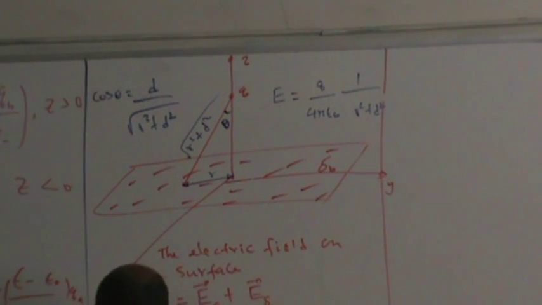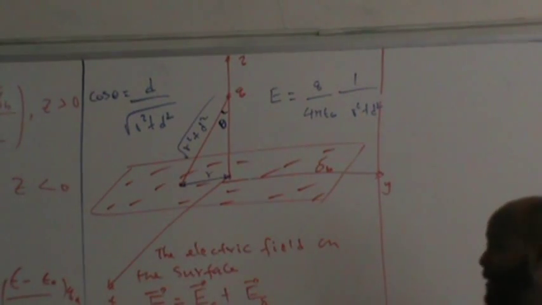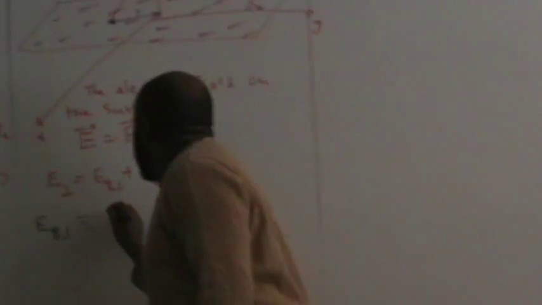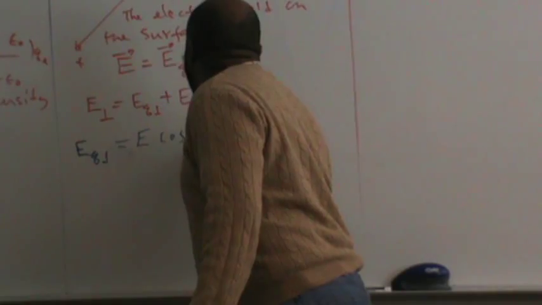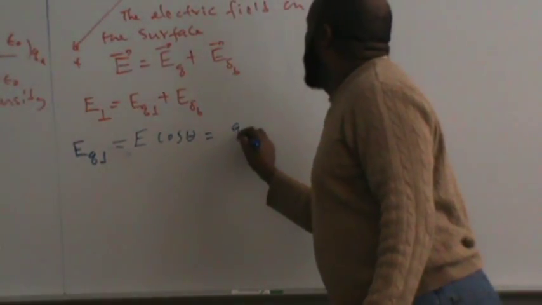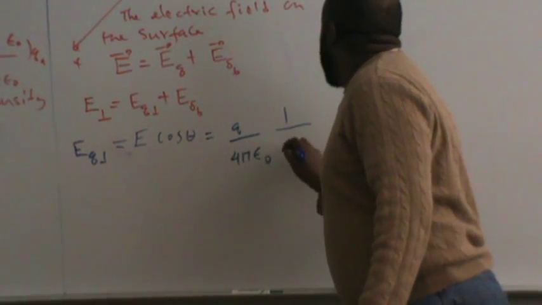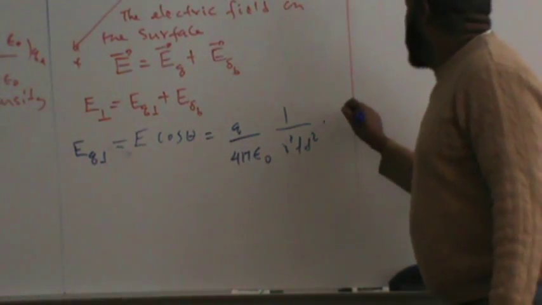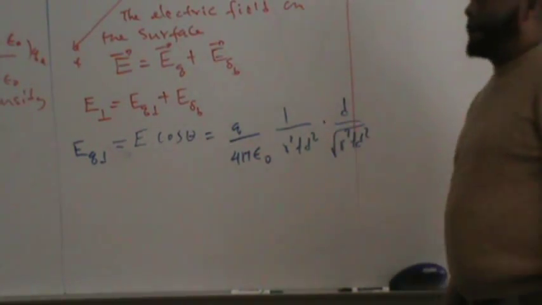So for E_Q normal, the normal component of the electric field, I can write the magnitude of E times cosine of theta, which is Q over 4 pi epsilon naught times 1 over r squared plus d squared, times cosine of theta, which is d over the root of r squared plus d squared.